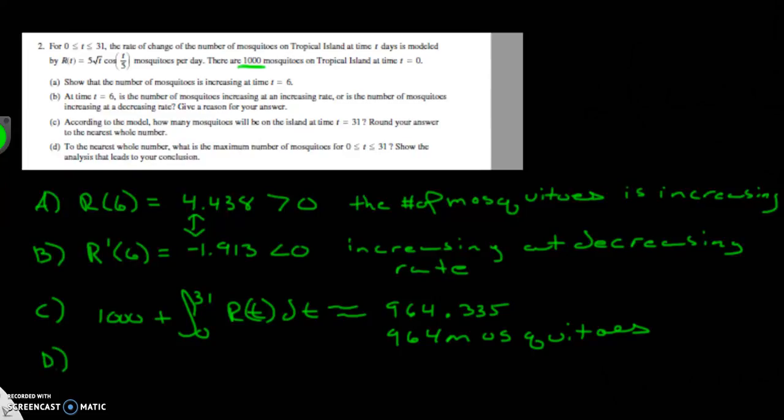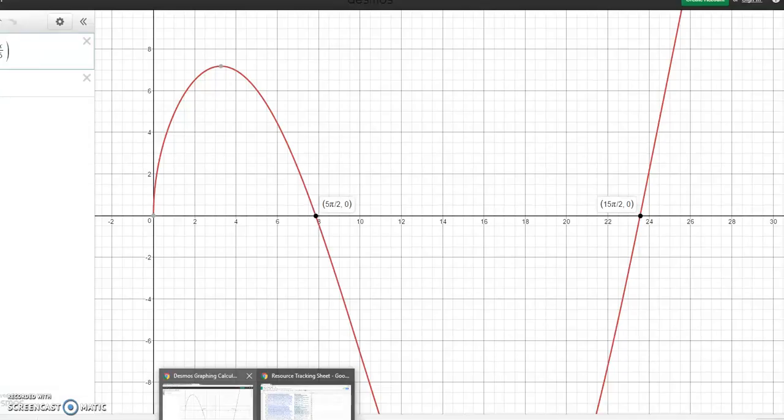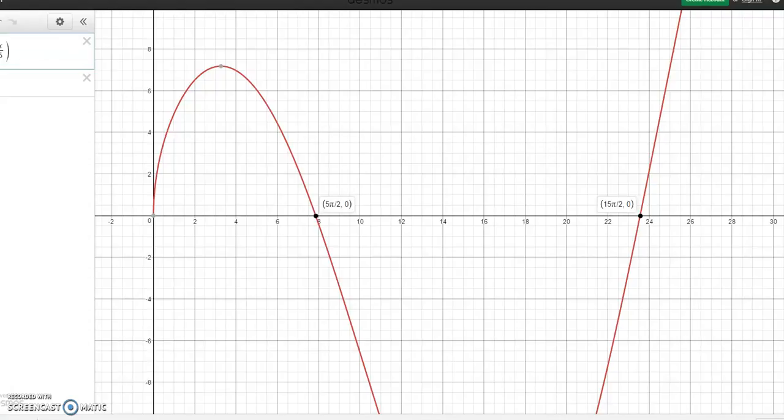Part D. To the nearest whole number, what is the maximum number of mosquitoes for 0 ≤ t ≤ 31? Show the analysis that leads to your conclusion. Okay, my recommendation is to graph the rate function. So what I did is I actually graphed it and I put it on decimals. So this is a rate function, r(t), this function over here.